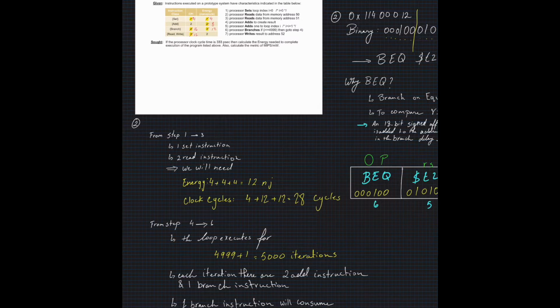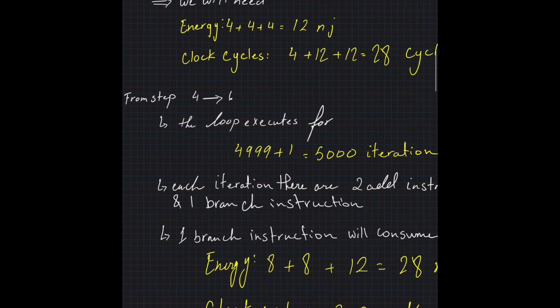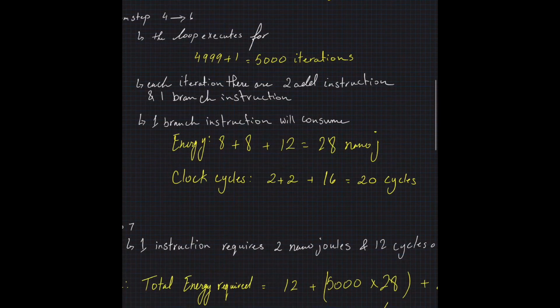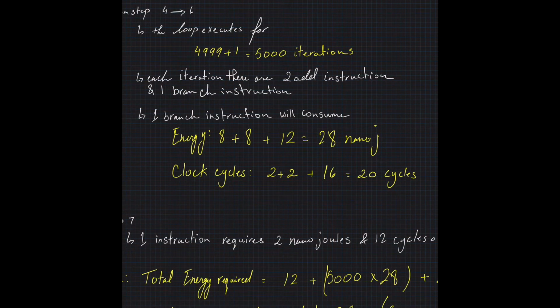Each iteration, there are 2 add instructions and 1 branch instruction, and the branch instruction will consume energy 8 plus 8 plus 12, 28 nanojoules, and clock cycles 2 plus 2 plus 16, 20 cycles. Now for step 7, it will ask for 1 instruction requiring 2 nanojoules and 12 cycles of CPU, and I got these all from my table right there.